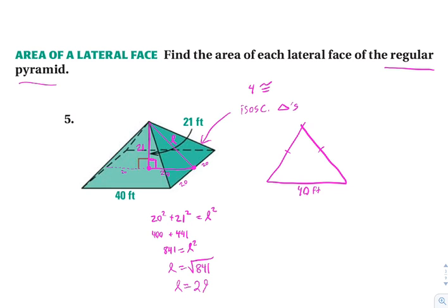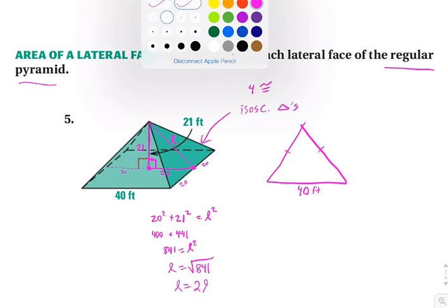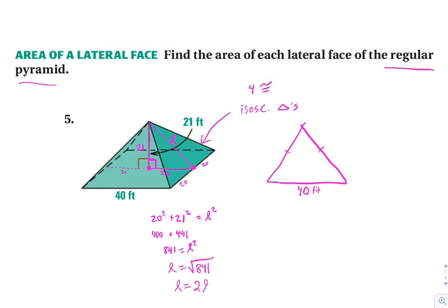What that tells us is if we take this triangular face here and stand it two-dimensionally on this paper, the slant height, or the height of this lateral face, this triangle that I took off of the pyramid and laid flat, is 29. And so the area of this is just 1/2 base times height.